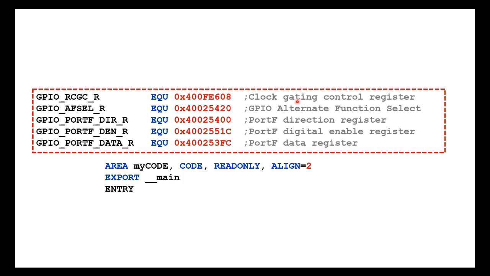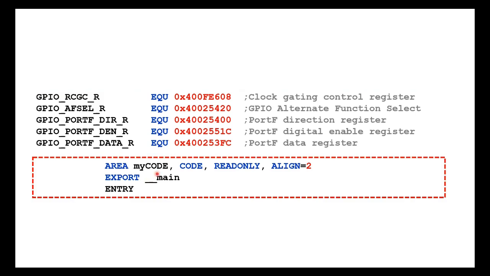Please refer to my previous videos for details. And then here we define a section or area where the code is stored and its attributes. Again, detailed discussion was done in my previous video.